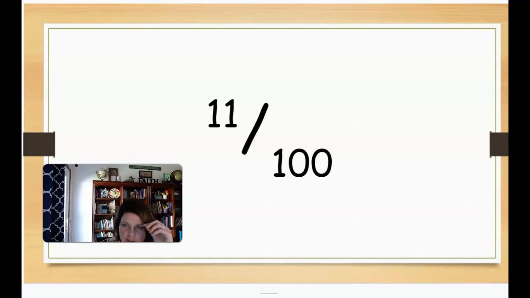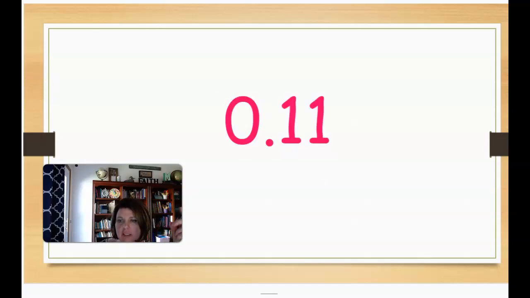11 hundredths as a fraction is written 0.11. But when I say that decimal, I say it kind of like math, proper language. And if you were to say 0.11, that is not a wrong way to say that.